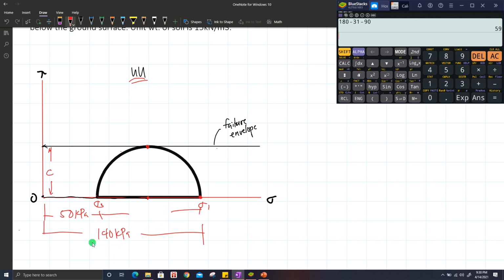Kapag sinubtract natin ang 140 and 50, makukuha natin yung diameter nitong semicircle, which is 90 kilopascal. So, kalahati ng 90, that's 45 kilopascal, which is just equals to the cohesion. Okay? So, ito na yung sagot sa first question.